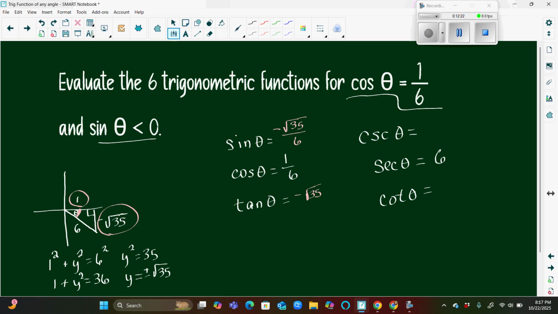Now let's do the reciprocals. So cosecant is the reciprocal of sine. So we're just going to take this fraction and we're going to flip it. So we have 6 over square root of 35, and it's negative, and I'm just going to put the negative in front. All right, now there's this rule in math that you can't have a square root in the denominator, so we have to rationalize. So we're going to multiply by square root of 35 over square root of 35.